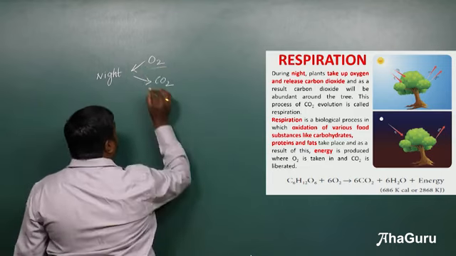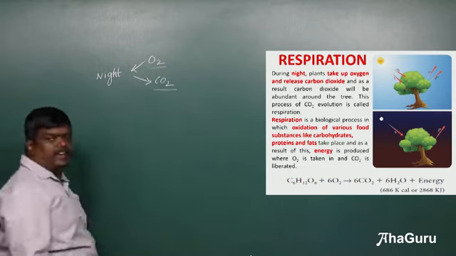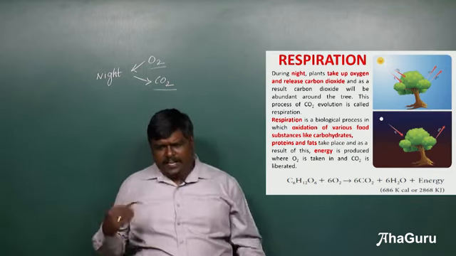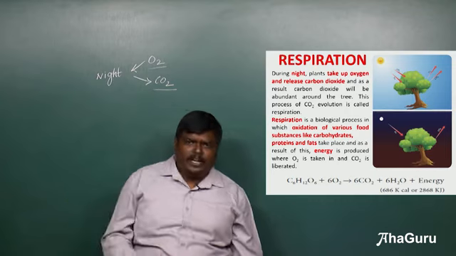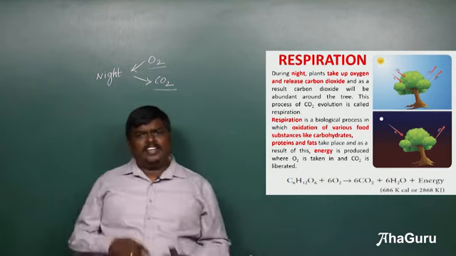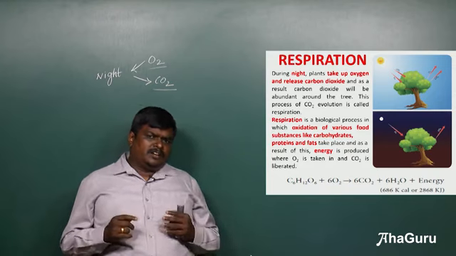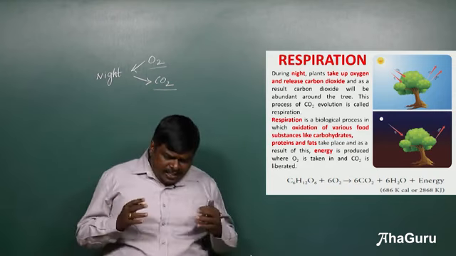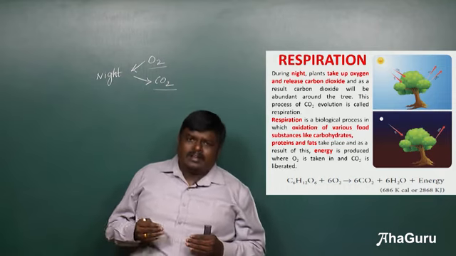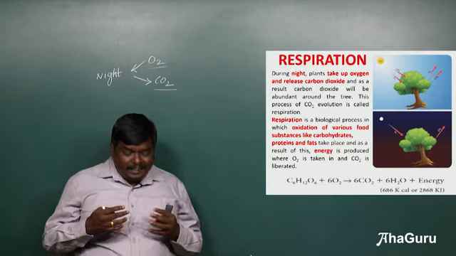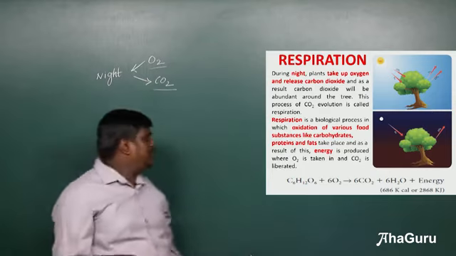In the respiration process, plants take oxygen and give out carbon dioxide, whereas in photosynthesis, plants take carbon dioxide and give out oxygen. Respiration mostly involves the respiratory substrate, or the organic molecules.